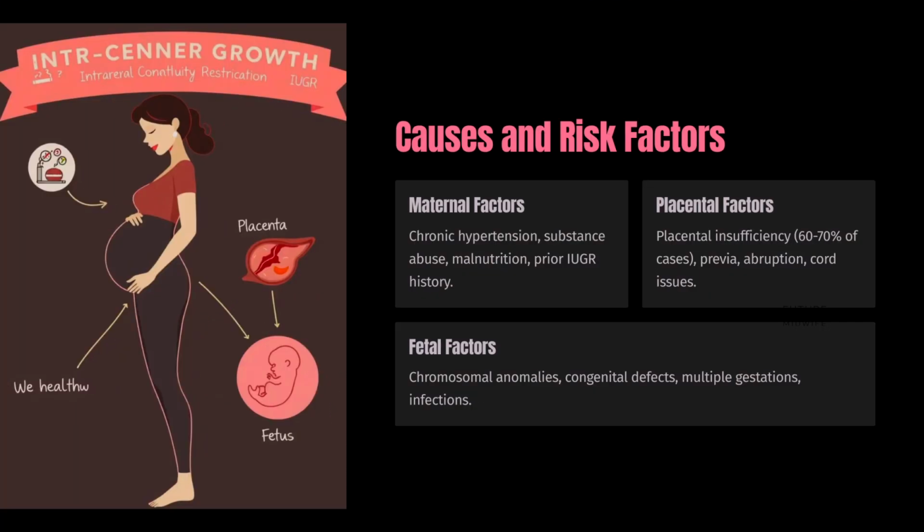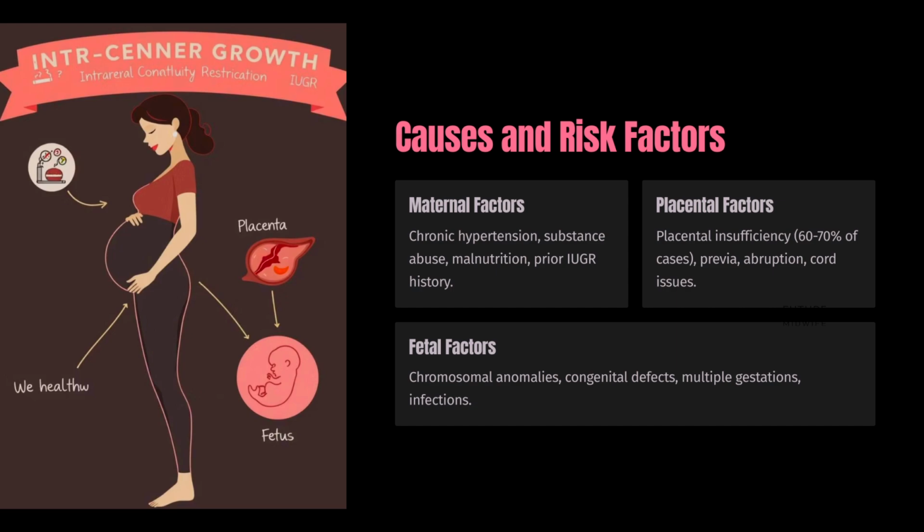Next, I will discuss the causes and risk factors of intrauterine growth restriction. First is maternal factors, which include hypertension or preeclampsia, malnutrition or anemia, smoking, alcohol intake or drug abuse, and lastly infections such as TORCH.